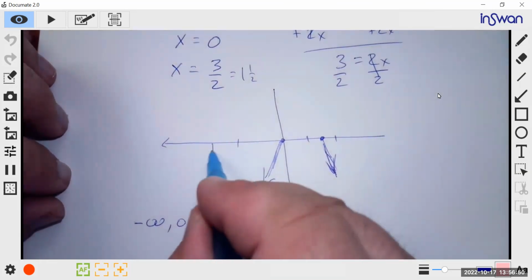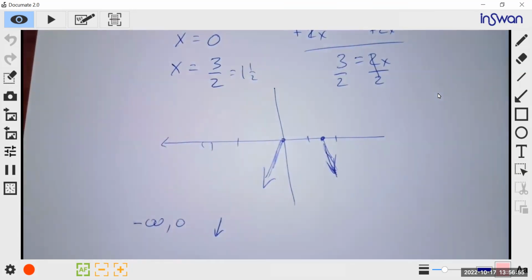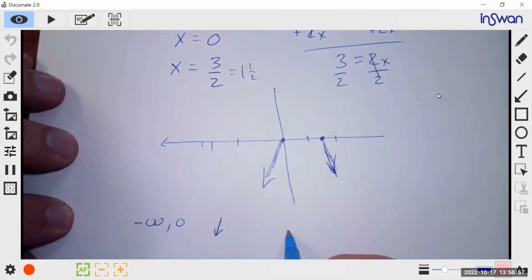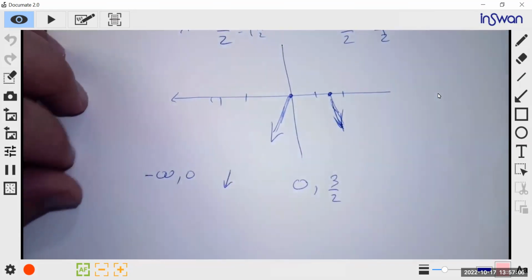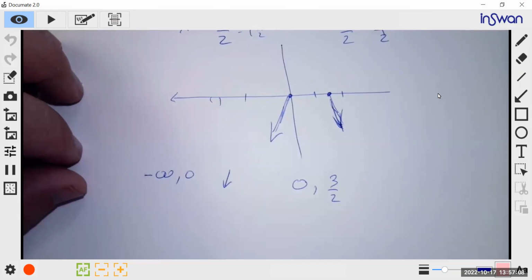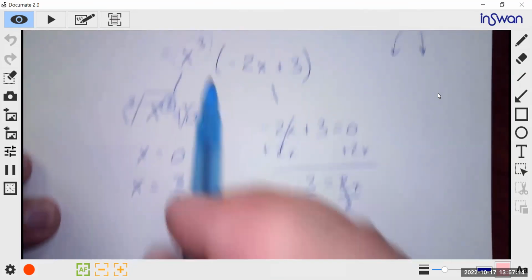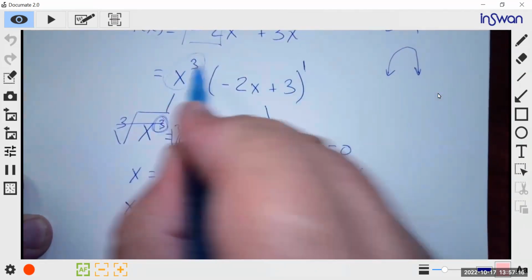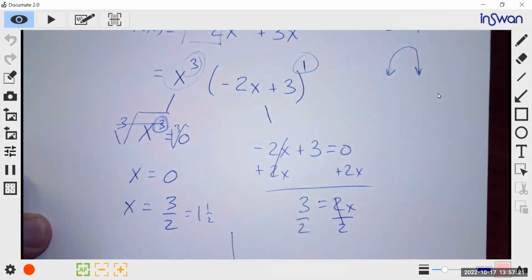So any number we pick below there, if we plug it in the equation, we'll get a negative answer. How about between 0 and 3 over 2? Is it going to be above or below the x-axis there? Well, we don't know yet. Well, we do know, because when we factor these out, the multiplicities are odd, which means they have to cross.